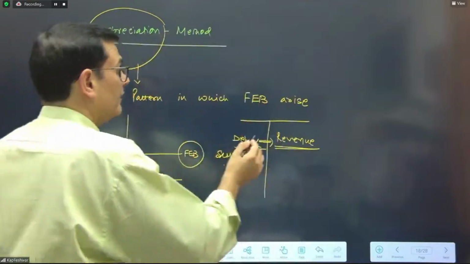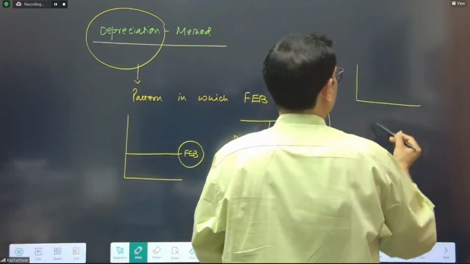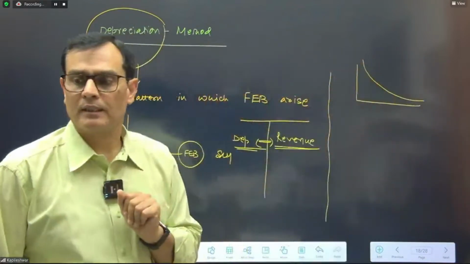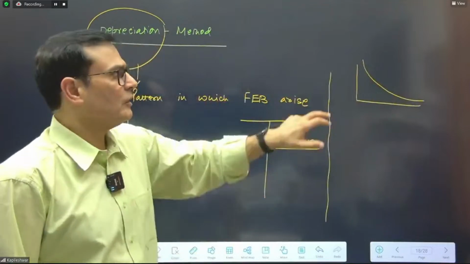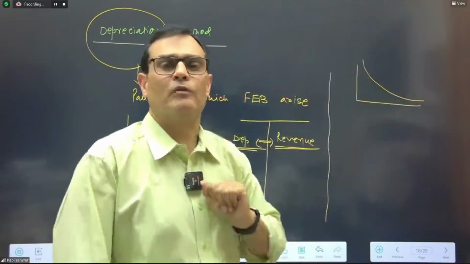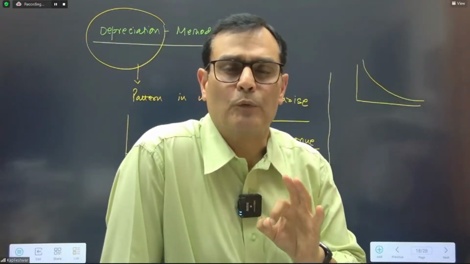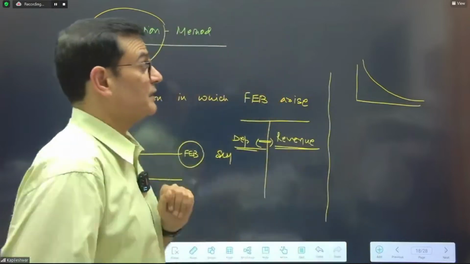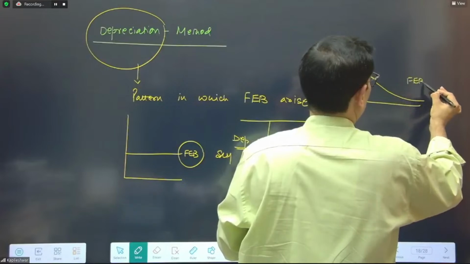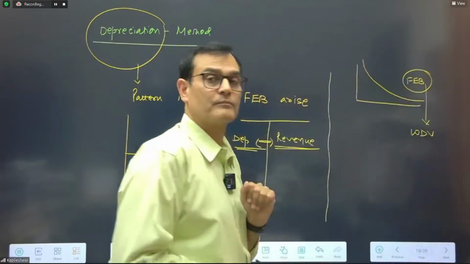On the other hand, let's imagine that the company believes that the economic benefits will keep declining as time passes. My machine is going to be technologically obsolete, so the benefits which I'm going to derive as the time period passes will fall down. If the economic benefits will decline over a period of time, my depreciation method should be WDV.